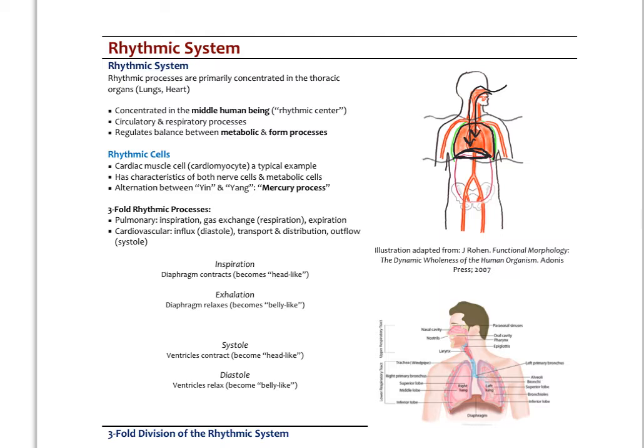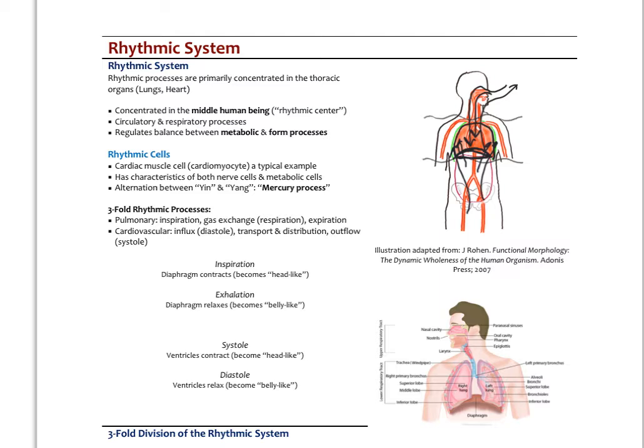Versus exhalation, the diaphragm relaxes and the hun is able to leave, but now the living forces, the po and all those etheric forces which repair and restore your life activities, become predominant. So with every inhalation, we become more head-like. Our consciousness increases. We become a little bit more alert. With every exhalation, we go to sleep a little bit. We become more plant-like. So there's this alternation there.